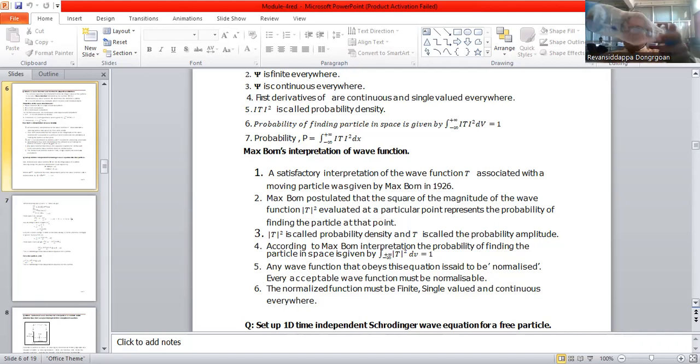You don't know the exact position of this body, this electron, this material, but we know the region where the probability of finding the particle exists.